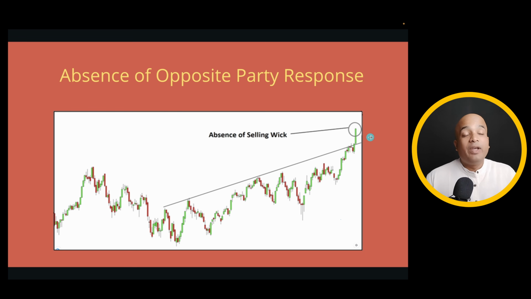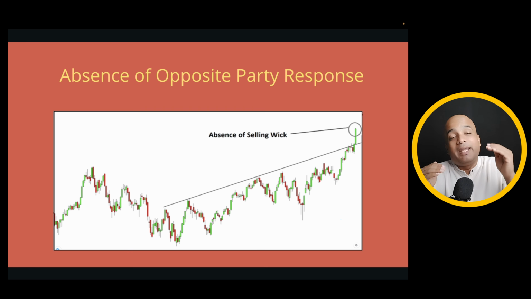Whenever a breakout happens, it advertises an opportunity for both the buyers and sellers. If the sellers are really strong, they should push the price downside, right? Their participation results in a big selling wick. If the selling wick is absent or very small, it indicates buyers are strong enough to absorb all the selling orders.